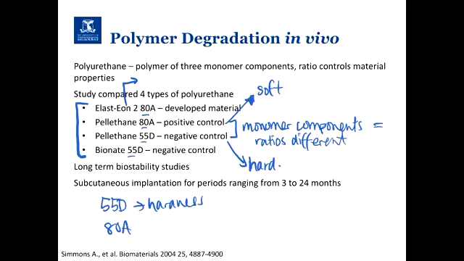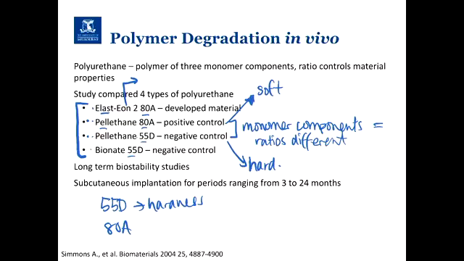So here, you're comparing hard versus soft, but the same chemistry. This one here and this one here, you're comparing the same softness, but then this one has different chemistry to this one. Here, this one has the same hardness, so the same, in a way, mechanical properties, but then different chemistry.